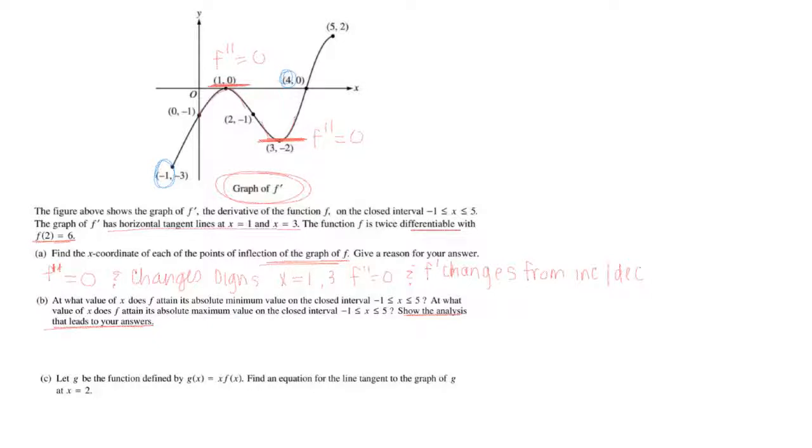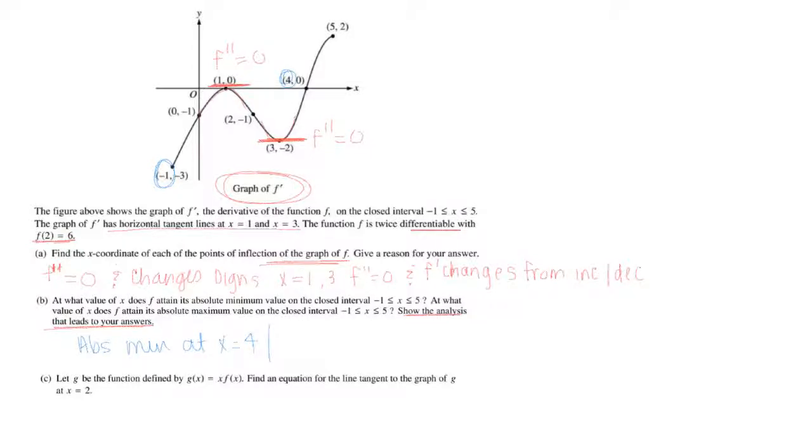So f is decreasing from -1 all the way to +4. So we might say that f has an absolute minimum at x equals 4. Now, we've not really done any work to support our answers yet, and we're just looking at it thinking, well, maybe that would happen there.